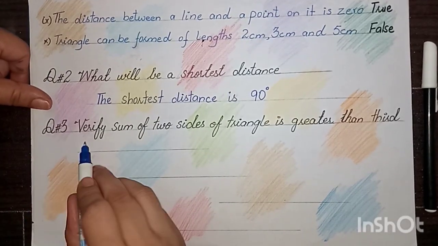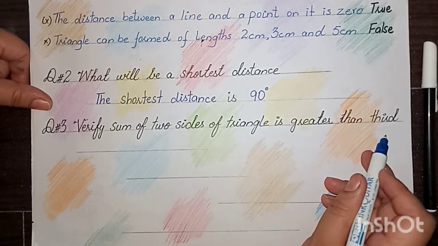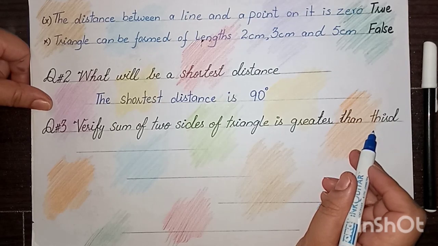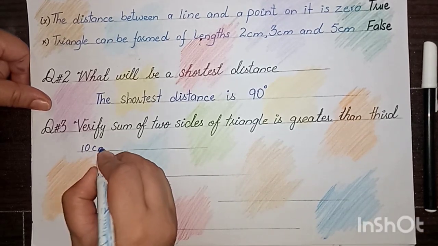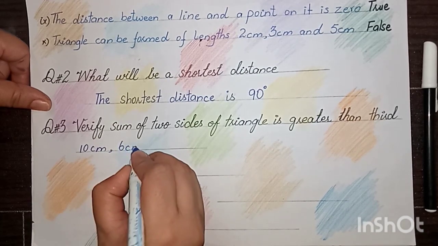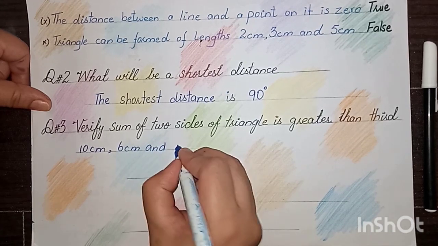Now question number 4. Verify that the sum of two sides of a triangle is greater than the third one. So the lengths which are given are 10 centimeter, 6 centimeter and 8 centimeter.